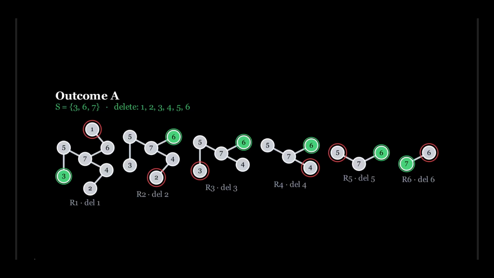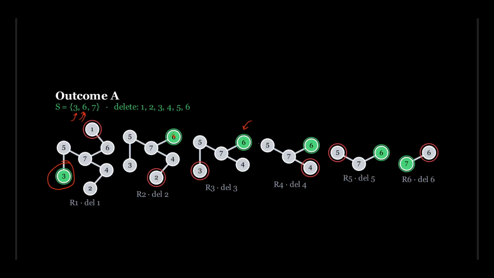So you see that in round 1, this is the first outcome. In round 1 you could decide to delete 1 from your tree, and then 6 will get exposed, 6 will become the new maxima, right? So first 3 was colored as green, now 6 is colored as green, and then you delete 2. After deletion of 2, 6 is still the maxima, 6 is still colored green.